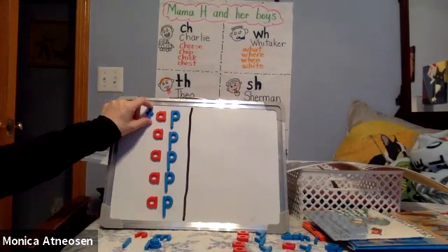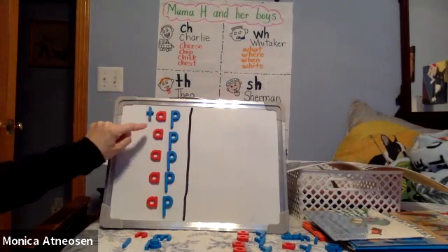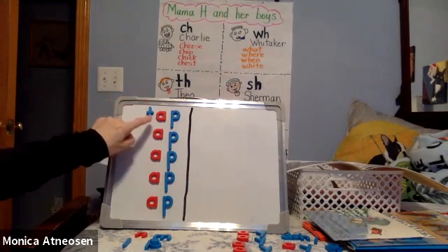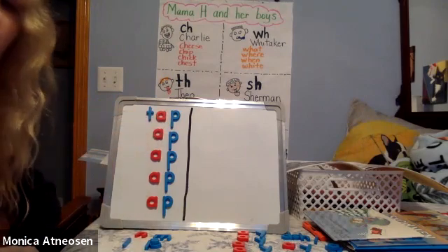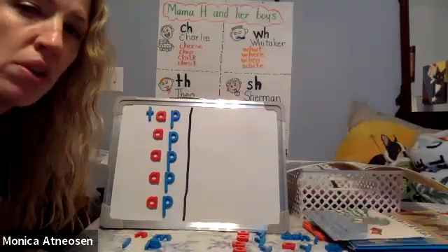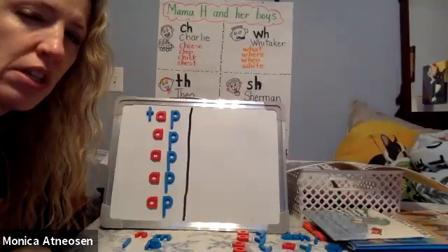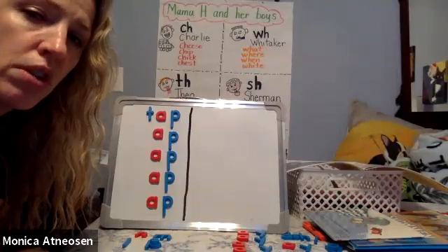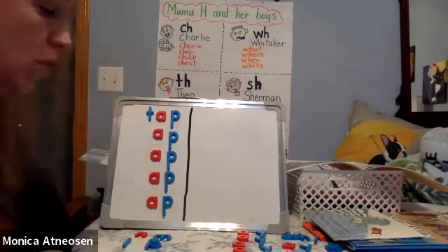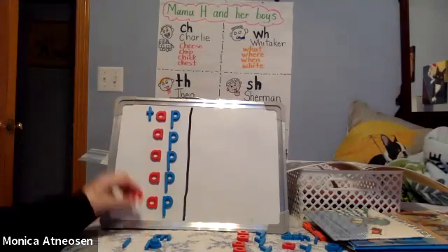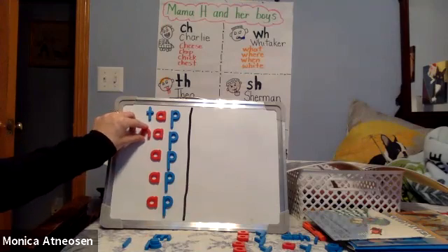If I put a T right in front of here and we sound it out, we get ta, app, tap. Now we can pretty easily read the word tap, and we can pretty easily sound out the word tap and be able to spell it. Now, just from knowing that one word, let's see how many we can figure out.